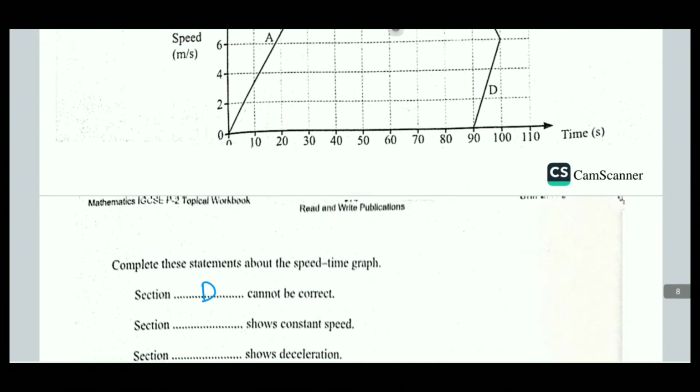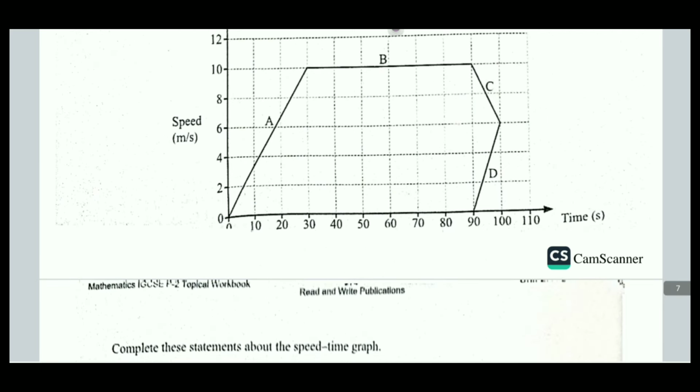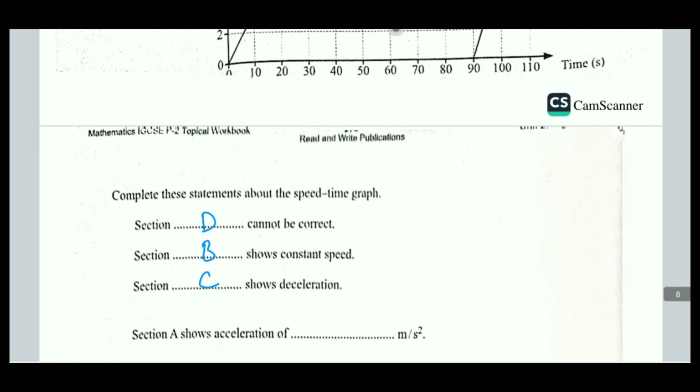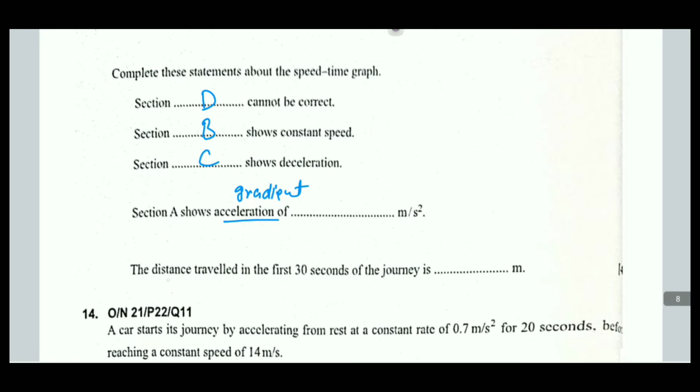Section that shows constant speed: B. Section that shows deceleration: C. Section A shows acceleration. You have to find the gradient of section A, and for the distance traveled in the first 30 seconds, you have to find the area.